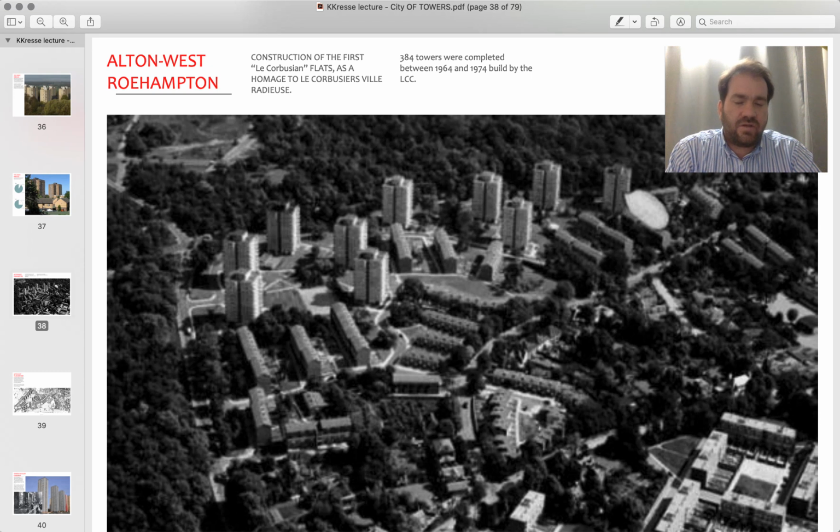There's very little concern for the topography, for the existing features of the landscape. The buildings are simply dropped as if from a giant hand down onto the landscape, and in that sense kind of ignoring the landscape.